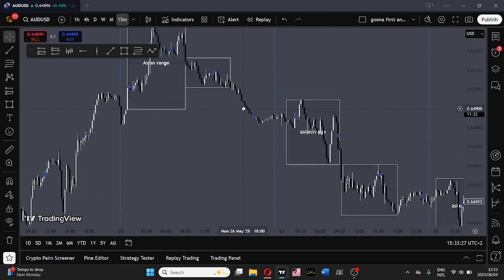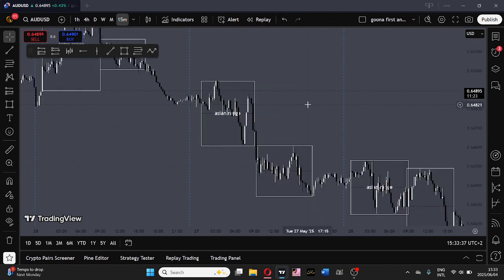Like here, as you can see, it did not sweep before that time, and the Asian session low was only taken out around 9 o'clock.